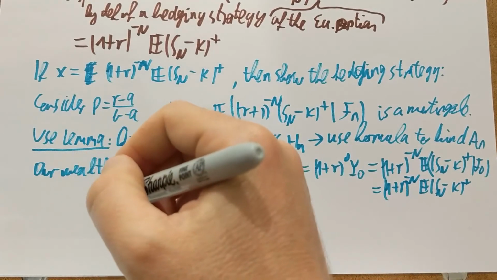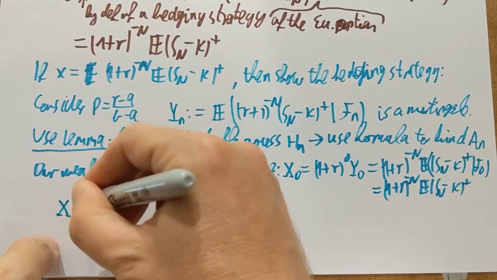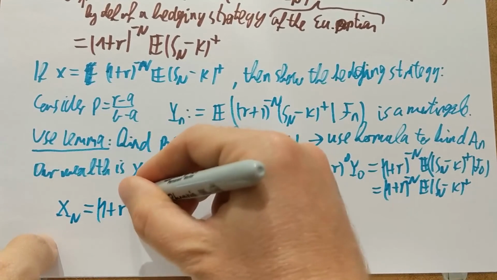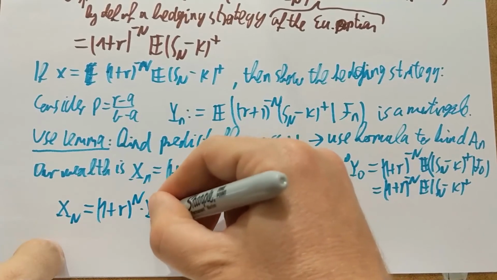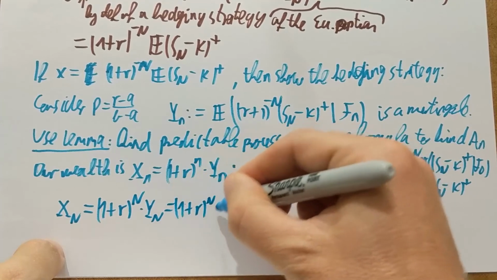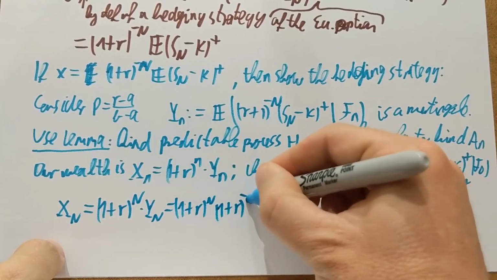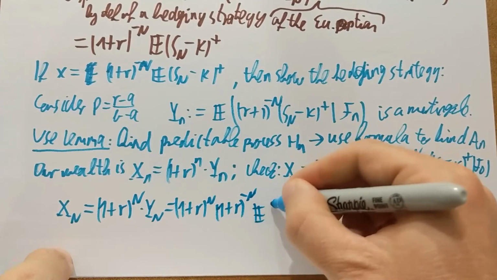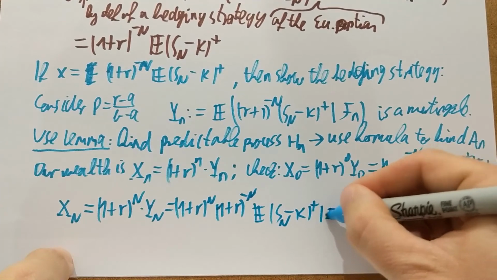And also check that the terminal value, the wealth at time n, works. So what is that? It's (1 plus r) to the n times Yn. In other words, (1 plus r) to the n, and then (1 plus r) to the minus n from here, times the expected value of (Sn minus K) positive part given Fn.